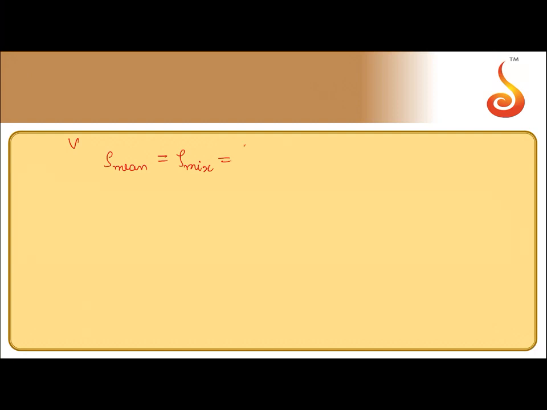One mole of oxygen is 32 grams, 1 mole of hydrogen is 2 grams, divided by V plus V, that will be 2V. That gives 34 by 2V, which is nothing but 17 by V units. So this is the density of the mixture.